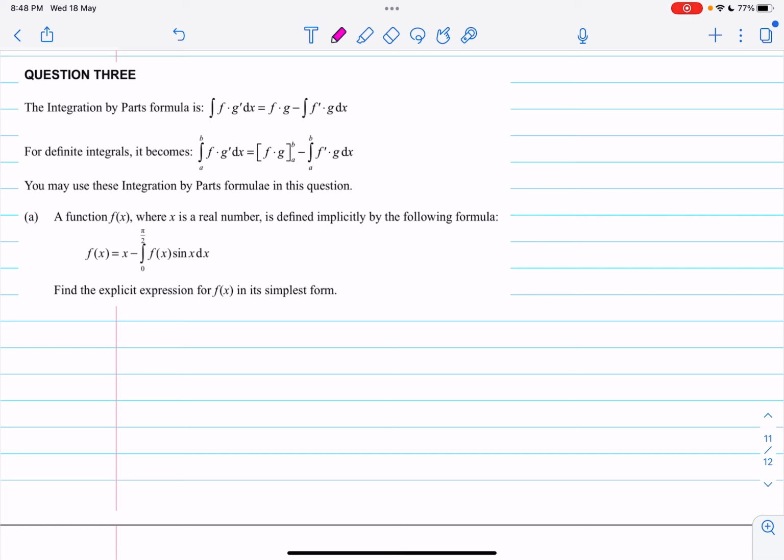Say that the integration of two functions multiplied together, they give you this integration by parts formula.